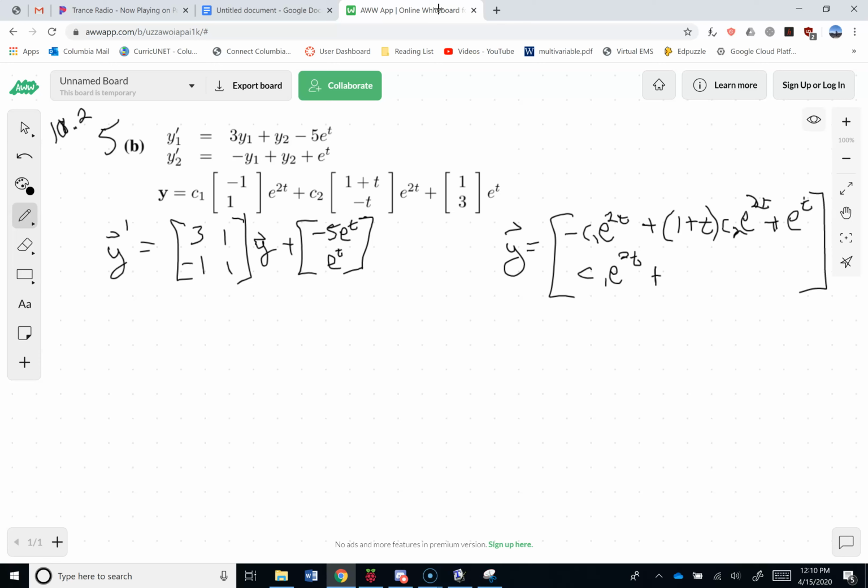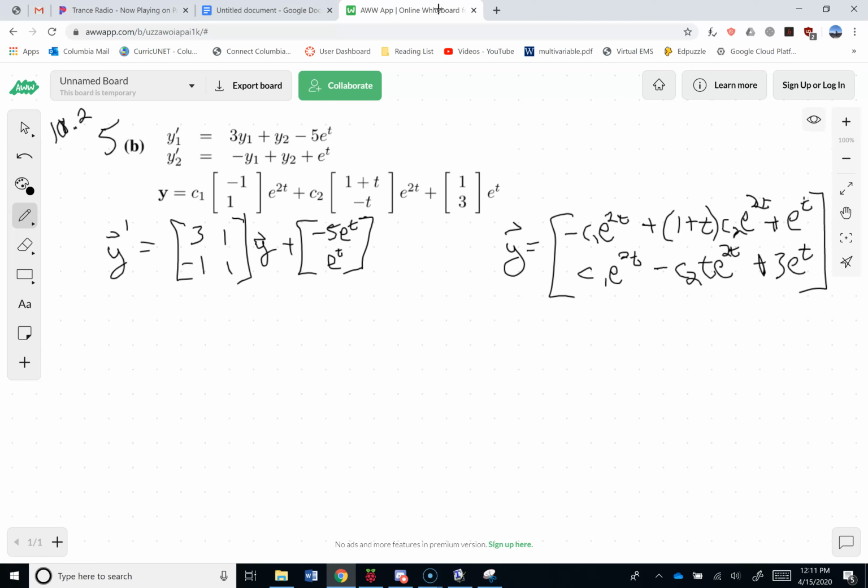And then the second entry is c1 e to the 2t plus c2, I suppose minus c2t e to the 2t, and then plus 3e to the t. Why aren't those separate columns?